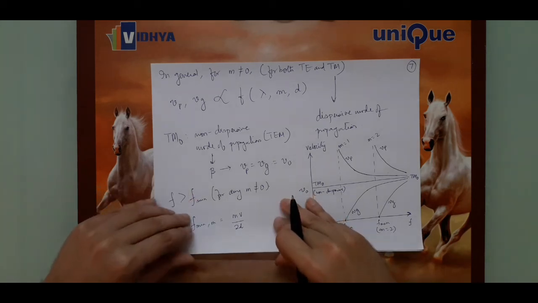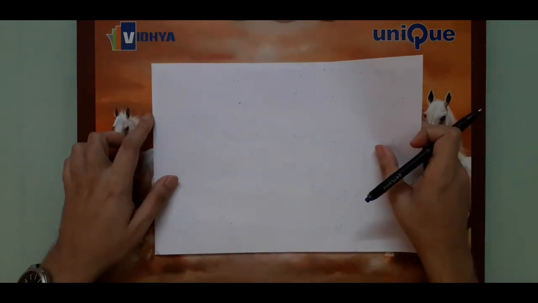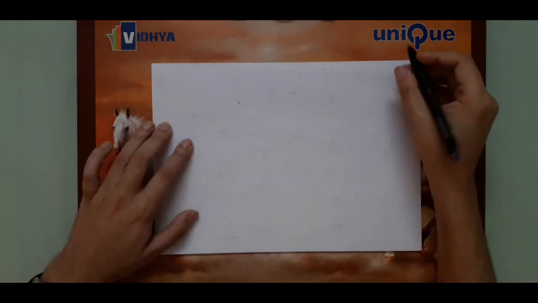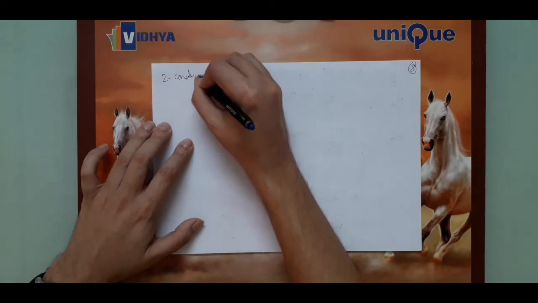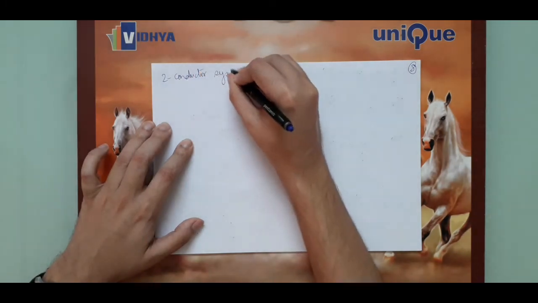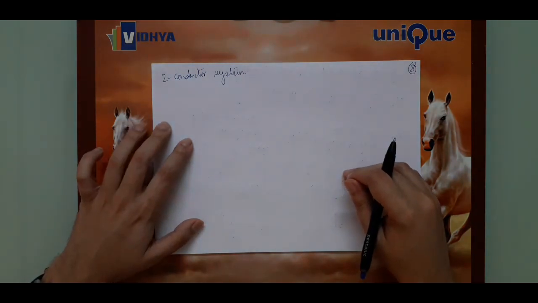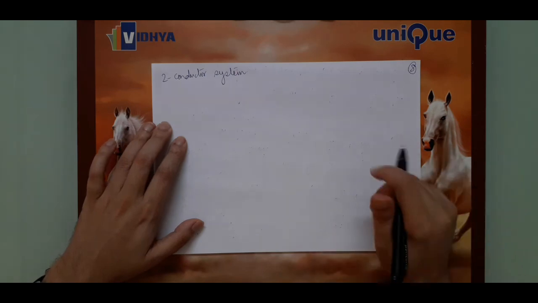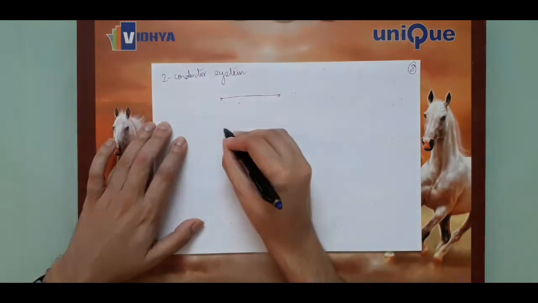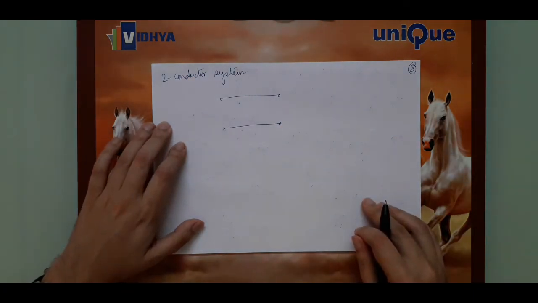As we had discussed, the parallel plate waveguide forms the very basis of understanding what is a two-conductor system. The simplest example of a two-conductor system is a transmission line. So if I have a transmission line, the question now is, is there a mode of propagation in the transmission line also?